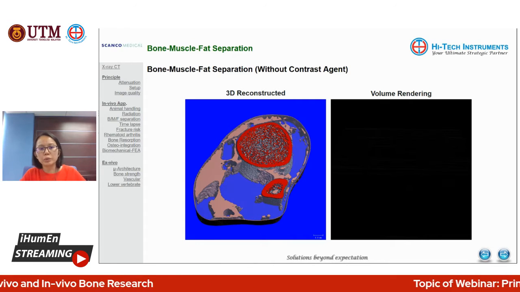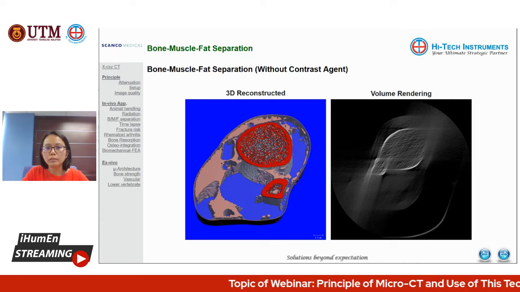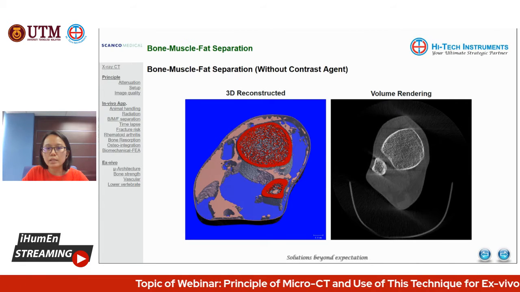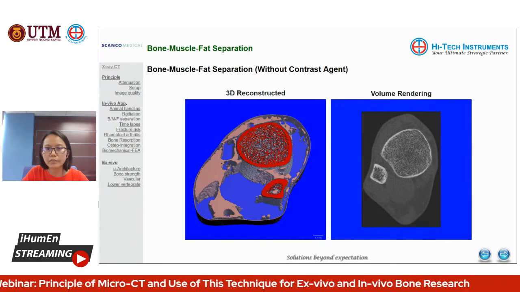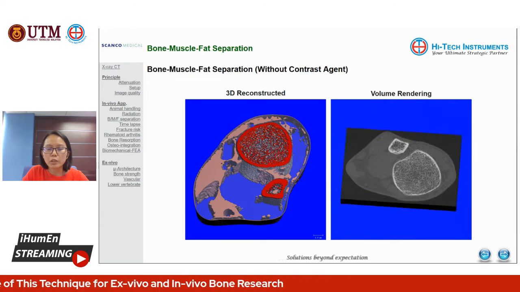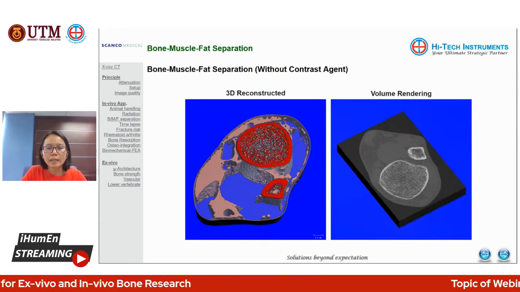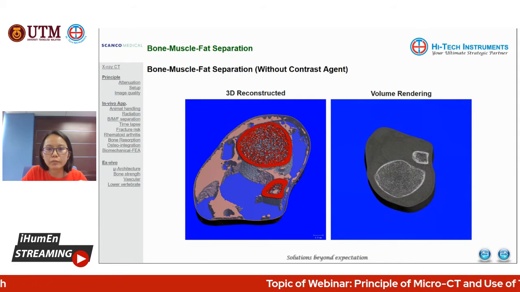Like I can show you here. This is a short video. I can see a volume rendering. From here, you can see the fat, the muscle, and the bone at different contrast levels. Once we can get the different contrast levels, we can utilize the software to do different segmentation.